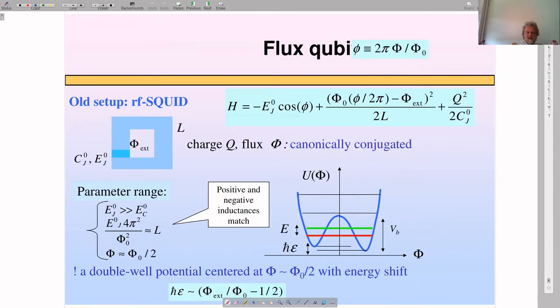Another realization which has been made in Delft and was active for about 10 years was the so-called flux qubit. What's the idea of that? Let me spend several minutes to outline it.